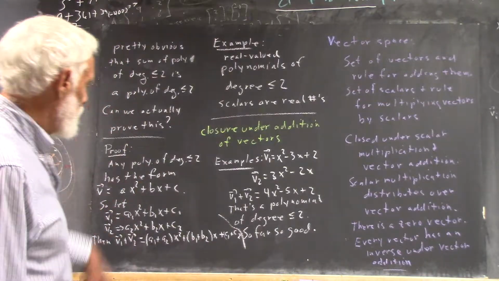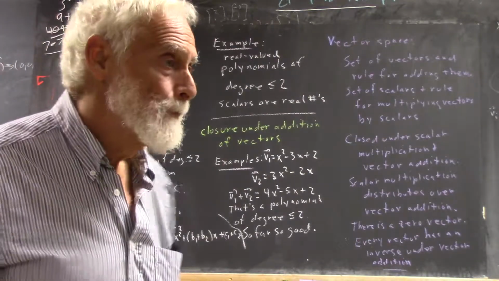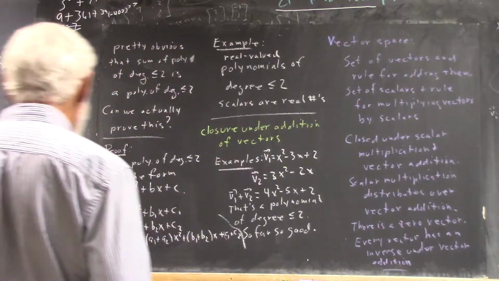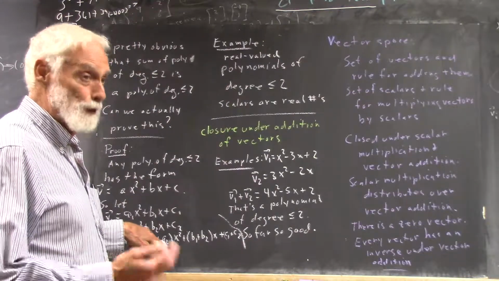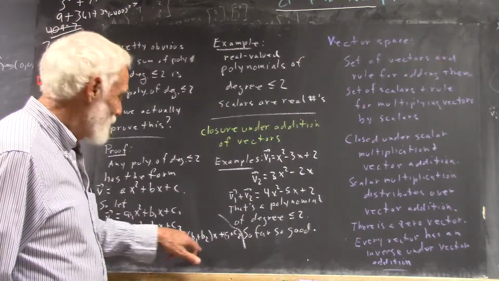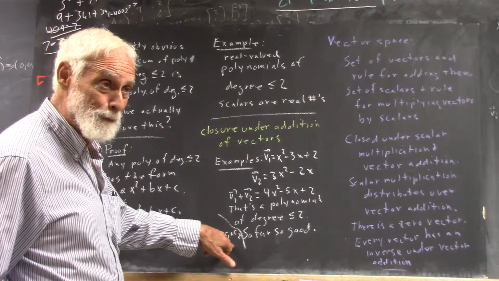Then V1 plus V2 is (A1 plus A2)x squared, okay? And A1 plus A2 is still a number. B1 plus B2 is still a number. C1 plus C2 is still a number.